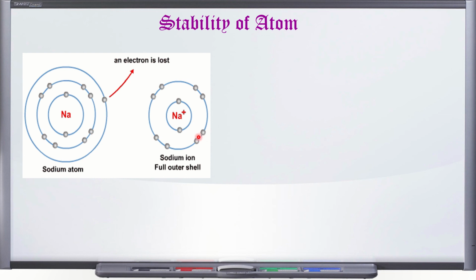But there is a thing: when sodium releases 1 electron, sodium will become stable, but it will not become neutral. It will be a positive ion, because now after releasing 1 electron, the proton number is 11. It has not changed, but the electron number is now 10. So it now has positivity. After releasing 1 electron, sodium will make a sodium ion, and now it will become stable.